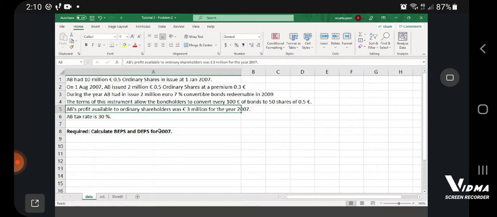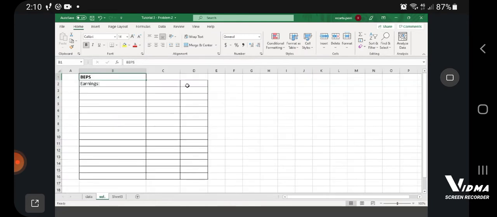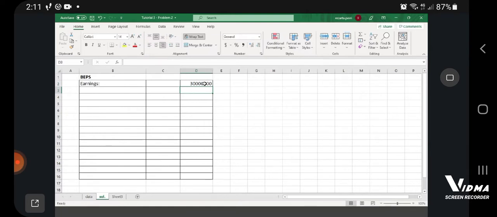It is readily available over here. We do not need to perform any calculation like before. The profit available to ordinary shareholders is readily provided in the amount of 3 million over here. Okay, so we just put the amount.